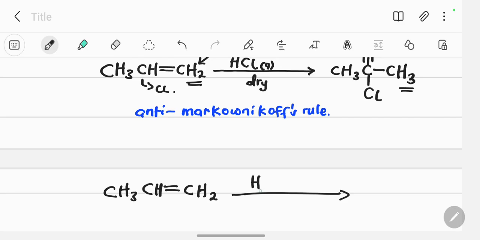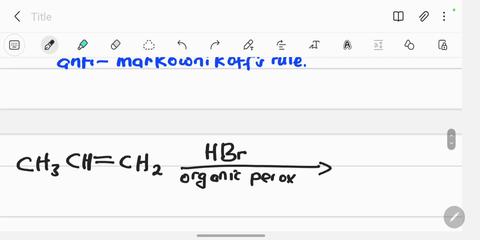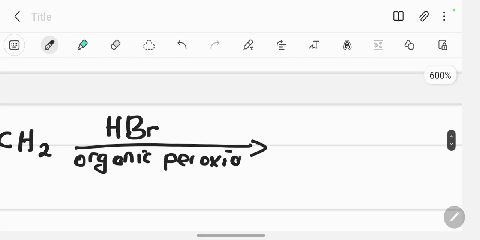I will use hydrogen bromide, and an organic peroxide. So when I put in an organic peroxide, ROOR, we can use R or R.